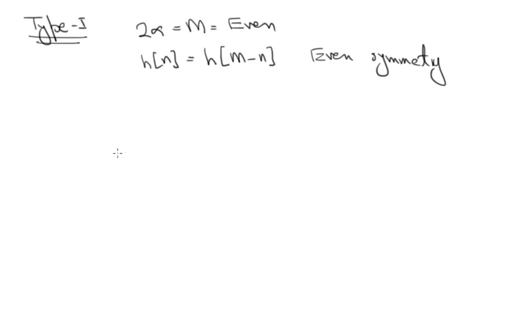For example, you have an impulse response like this. One, two, three, four, and let for this impulse response your m be equal to 4, and you can easily prove, as I have just shown you, that this expression holds.